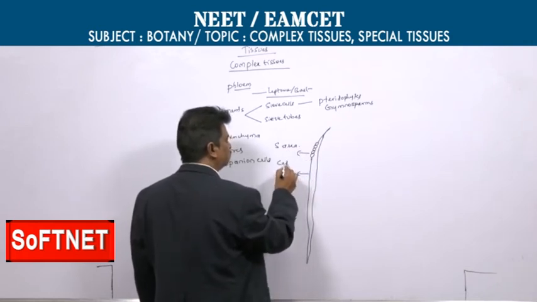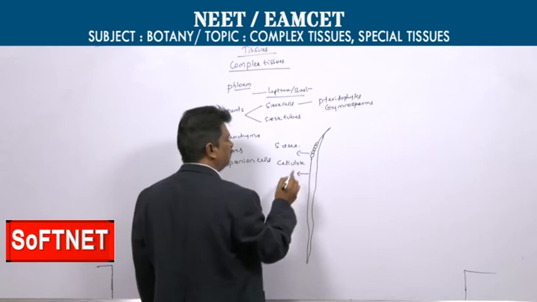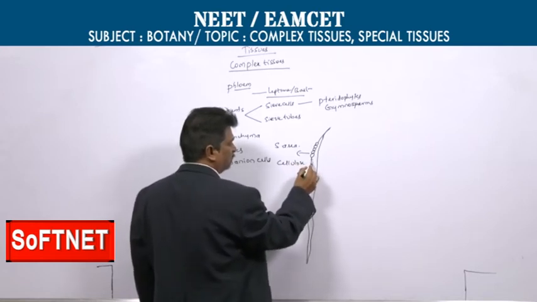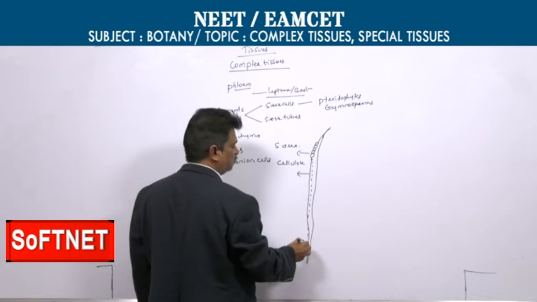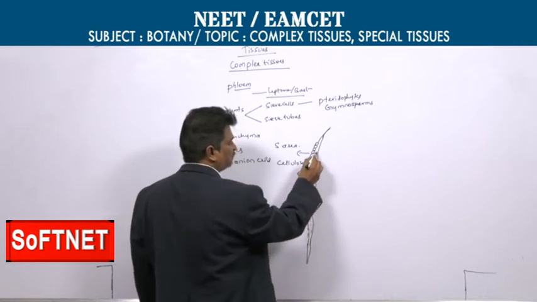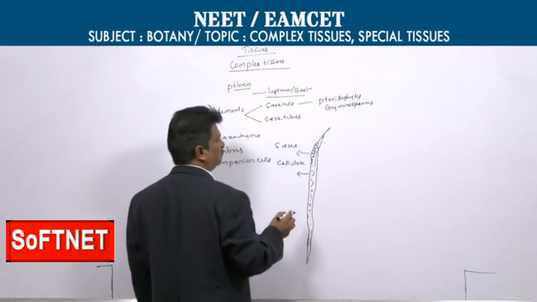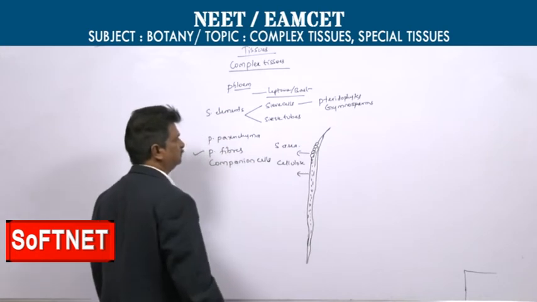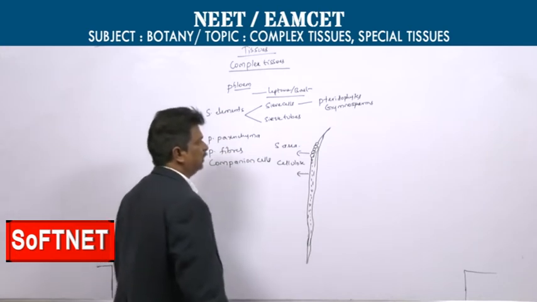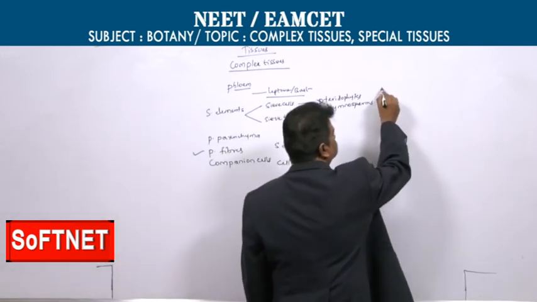Sieve cells are living cells made up of cellulose, and they contain vacuolated cytoplasm. A matured sieve cell is without a nucleus, and these are the main conducting cells in pteridophytes and gymnosperms.